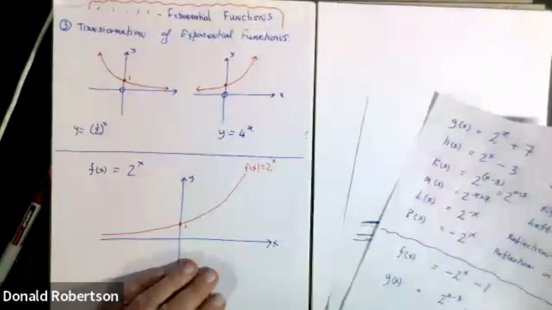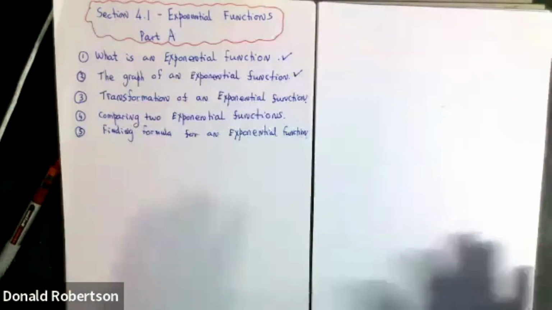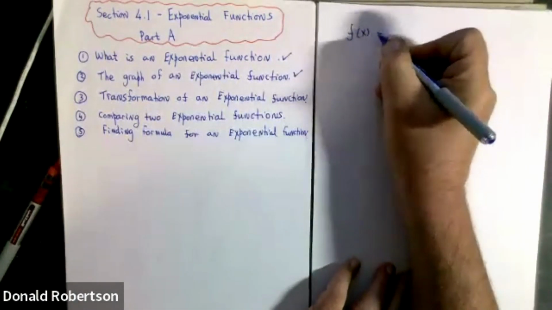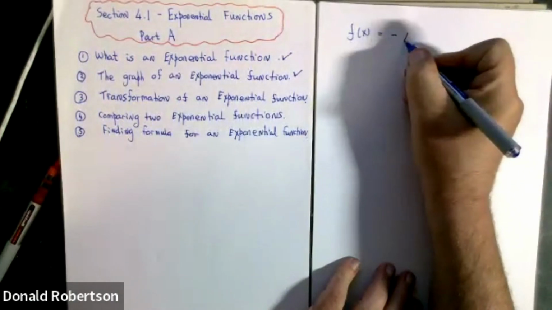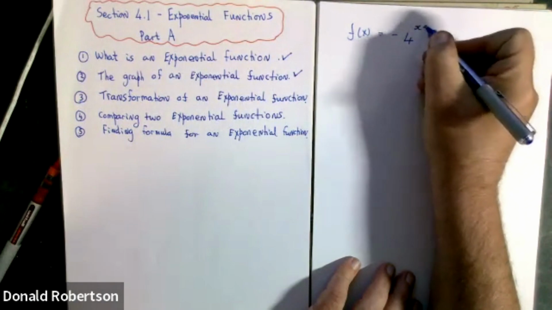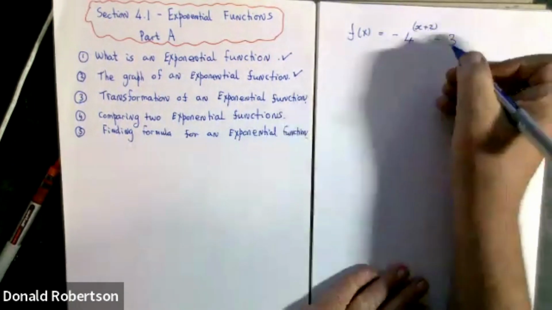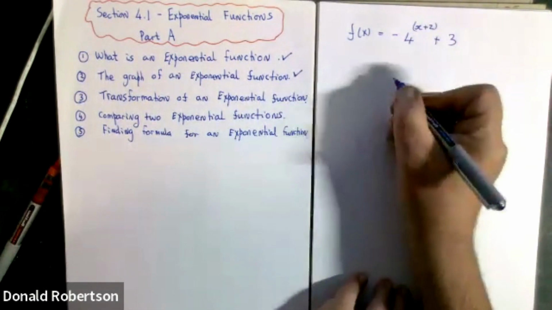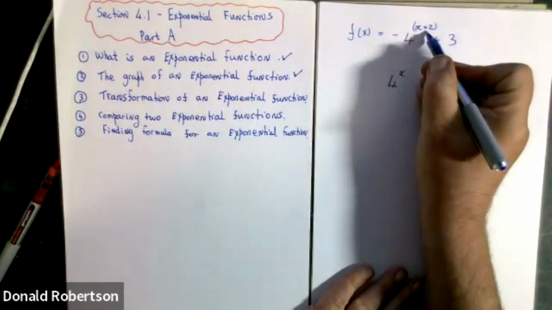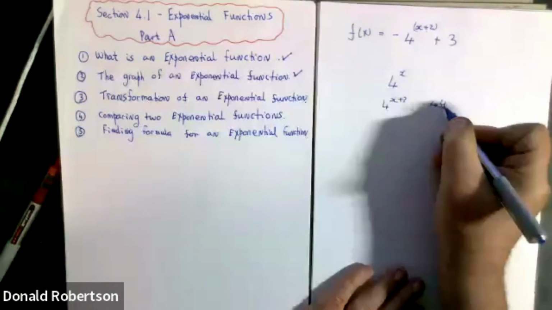You can do more than just 2 transformations. It is possible to do 3 or 4. I'm not going to draw this one, but I will create one. You would start with 4 to the x. Move it left 2.